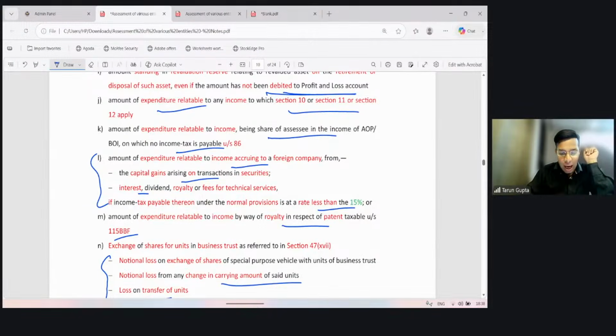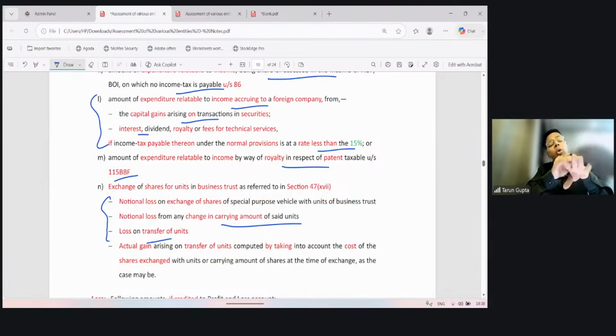Okay. Then lastly, what we add is the notional loss, if any, booked in the profit and loss account in respect of units of business trust. But if the units are transferred, then the actual gain or actual loss is considered for MAT purposes. Okay.